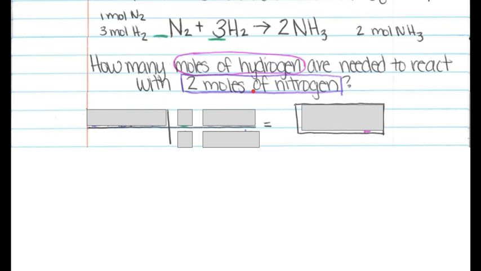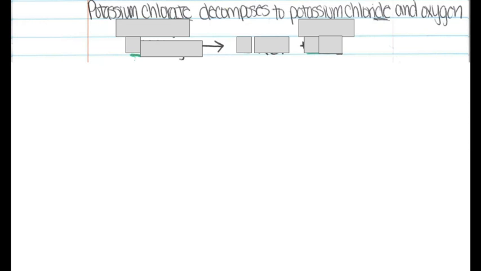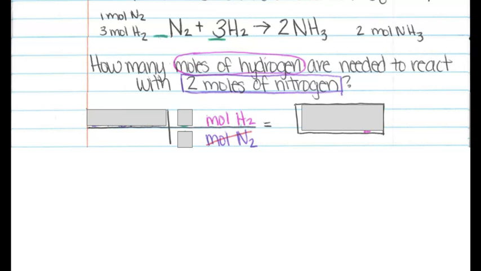So the information that I start with, obviously, is going to go, oops, why did this disappear? Okay, so this 2 moles of nitrogen goes here, guys. Okay, 2 moles nitrogen. You're going to put it right here.